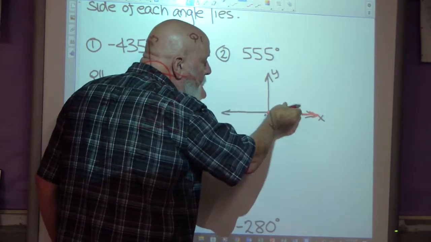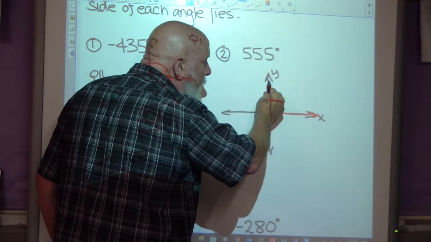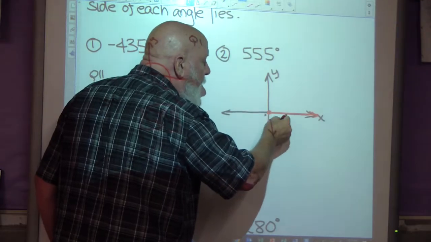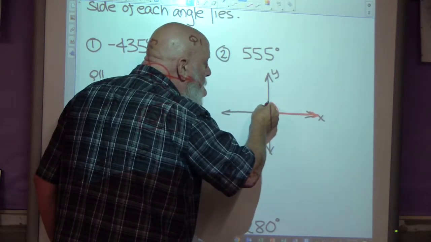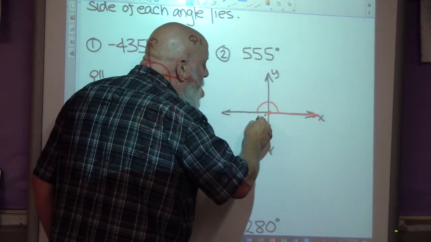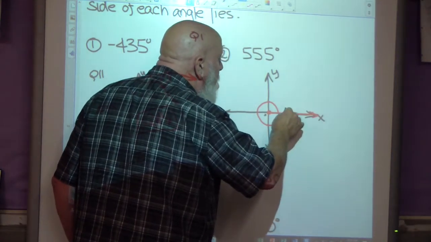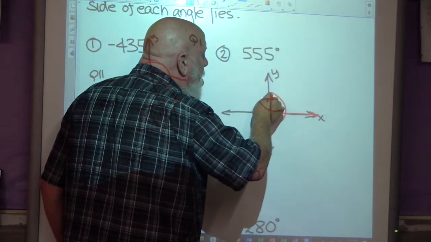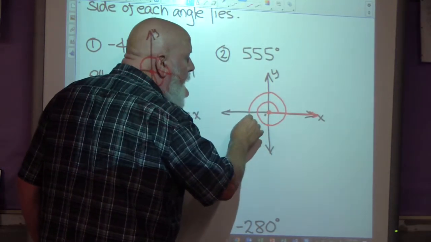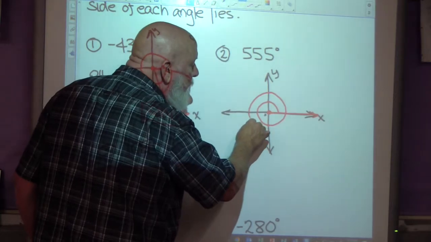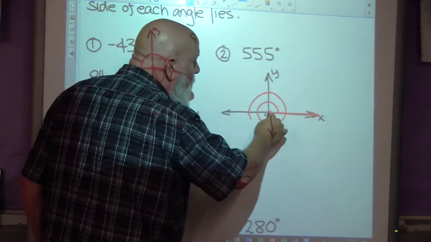If I rotate to here, and that's my terminal side, that's 90. If I rotate another 90, that's 180. So here we go. There's 90, plus 90 is 180, 270, 360, 450, 540. Now, I've got to go 15 more degrees to get to 555.